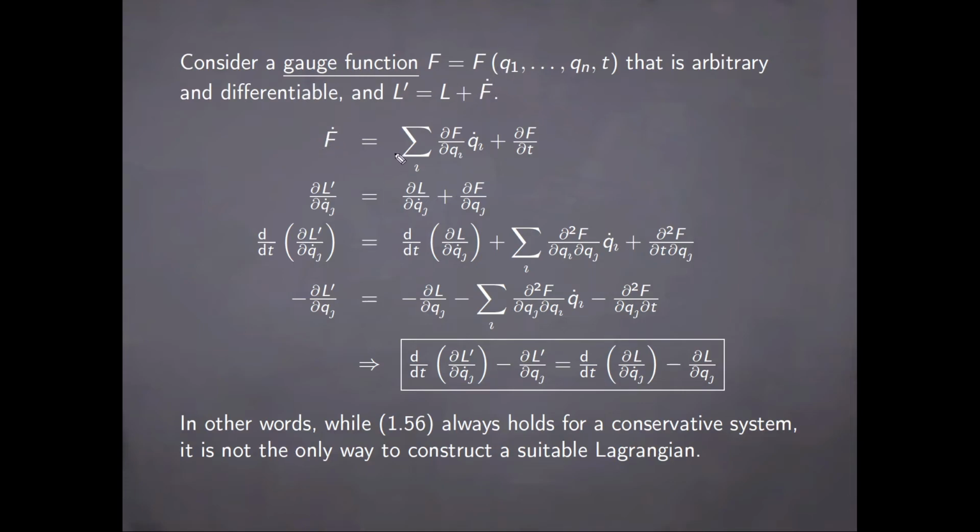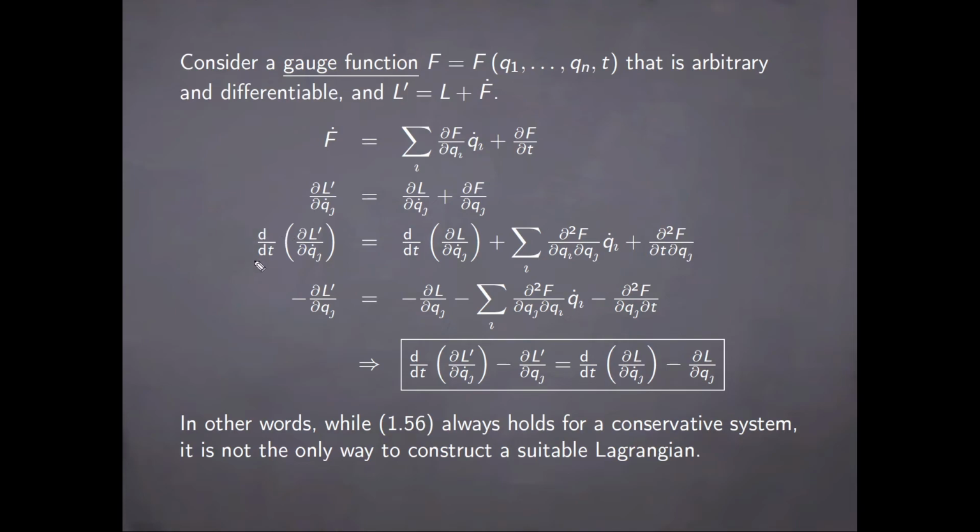The time derivative itself is simply written as here, expanded in generalized coordinates and the partial derivative with respect to time. So if we take the partial derivative of L prime with respect to a generalized velocity, the Lagrangian contributes with this term. The gauge function will only contribute with one term coming from a contraction on this sum, since it does not depend explicitly on generalized velocities.